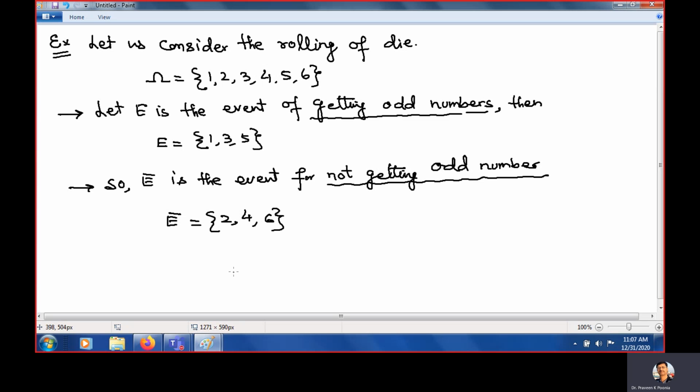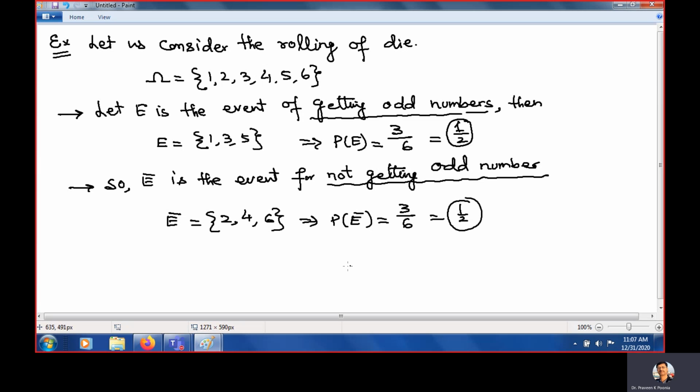So this is clear. If you calculate probability of E, it is 1, 2, 3 divided by 1, 2, 3, 4, 5, 6, and if you reduce it to lowest terms, it is 1 upon 2. Similarly, probability of E bar: 1, 2, 3, same, 3 upon 6, it is 1 upon 2.